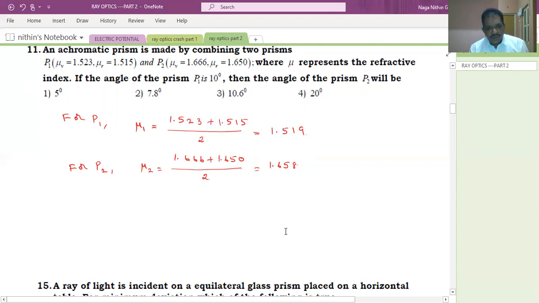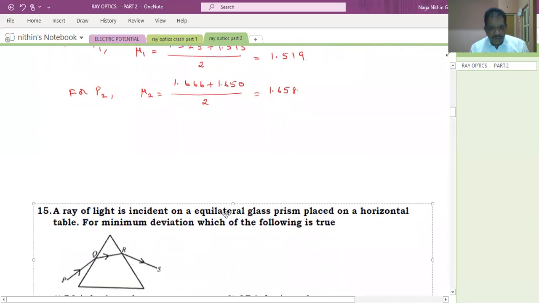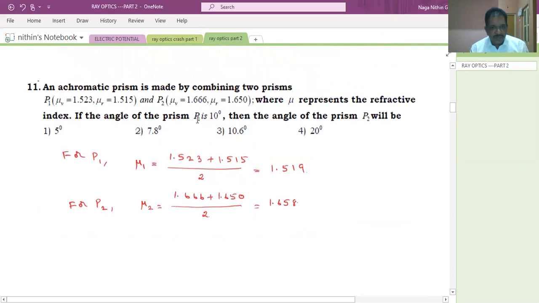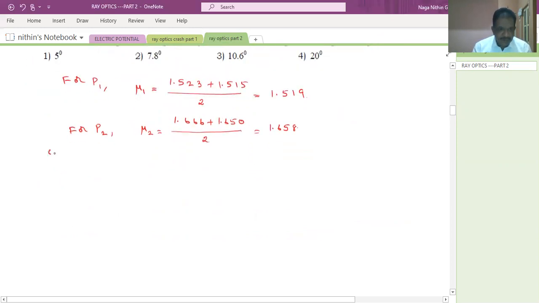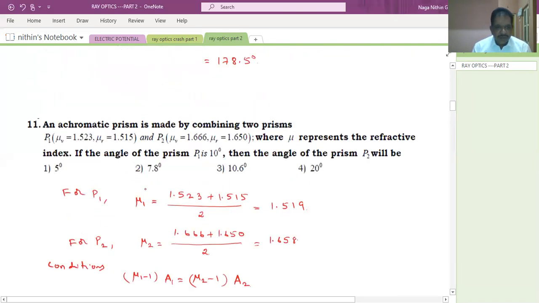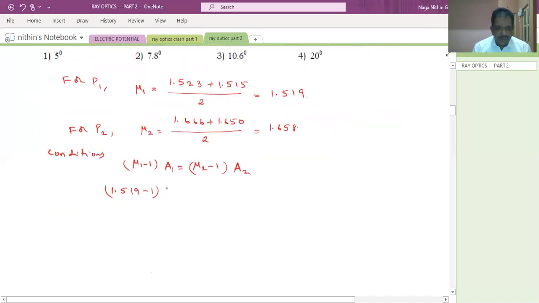So here the net deviation is 0, as they mentioned achromatic prism. So the condition is mu1 minus 1 into A1 equals mu2 minus 1 into A2. So this is 1.519 minus 1 into A value, which is 10 degrees.